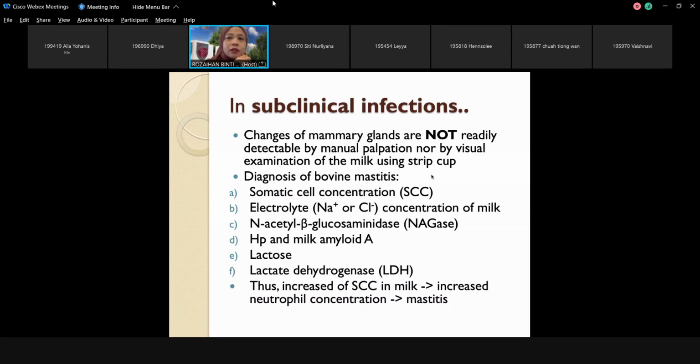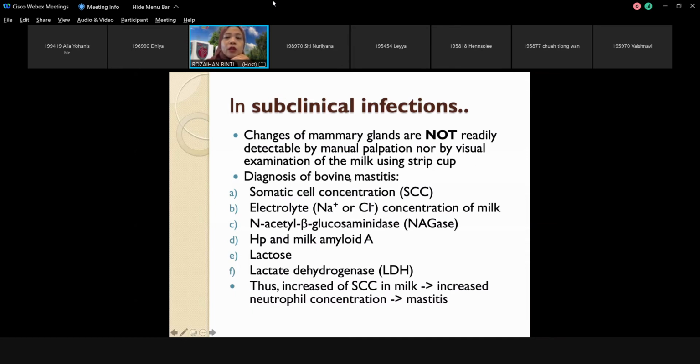However, when you send the milk to the lab to look for the somatic cell counts, for example, or if you send it for the leukocytes, you can actually see a very high amount of leukocytes.